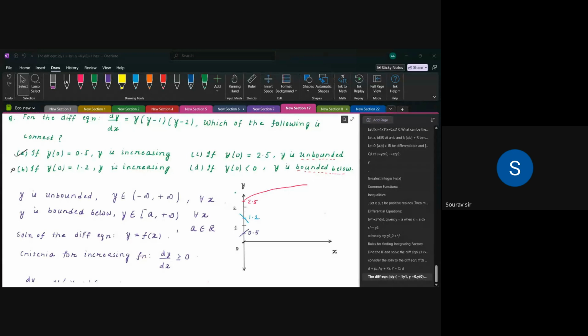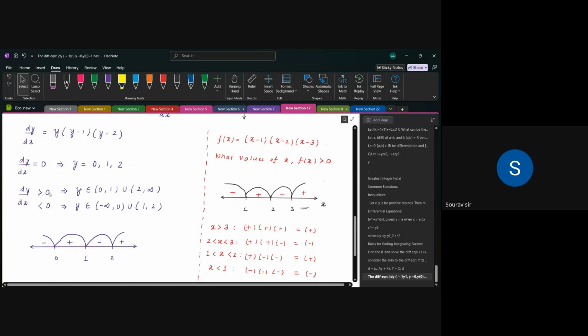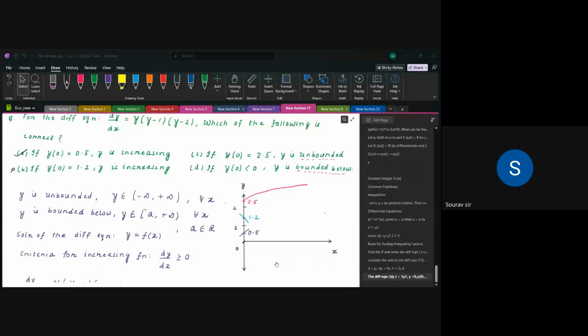Positive, correct? So the curve will be increasing, right? And the condition that you got over here is that dy/dx will be positive for all values of y between 2 to infinity. Correct.